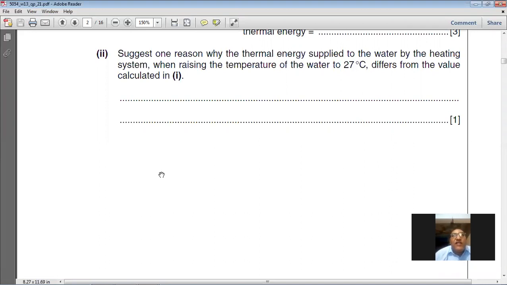But in reality, the energy required will be more than this. The reason is when you are heating the water in the swimming pool, some energy will be lost to the walls of the swimming pool, and some energy will be lost because the process of evaporation is happening, and due to the evaporation, the thermal energy is being lost to the surrounding.